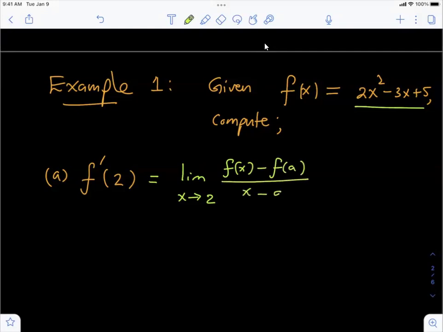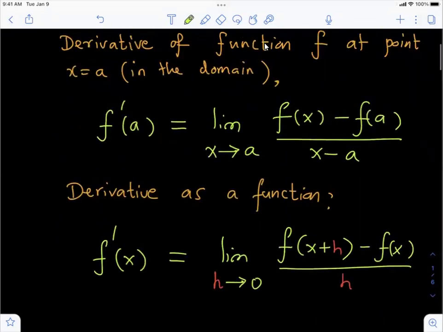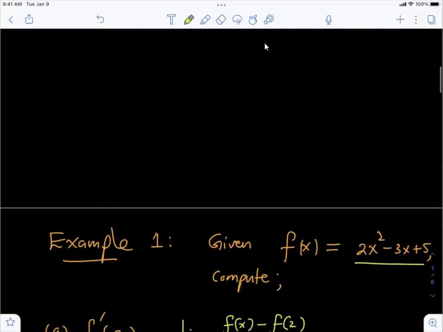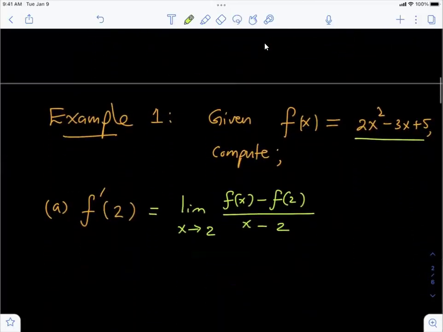The value of a should be, in this case, 2. So x minus 2. Now, if you're not seeing what I'm writing here, pause the video, rewind it, go back to the definition that I provided right at the beginning, take a note of it, put it aside so that you can compare with whenever you do these computations.